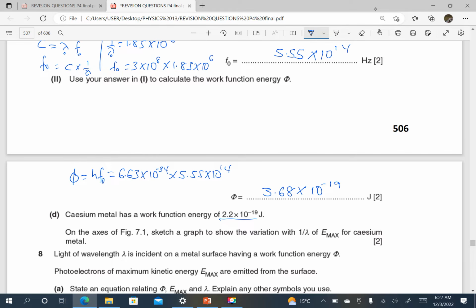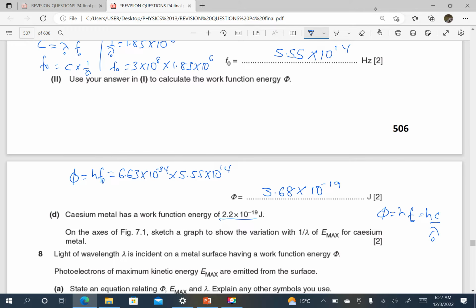On the axis of the figure, sketch a graph to show the variation with 1 over lambda of Emax for cesium metal. So you see that the work function is equal to Hf, which is equal to Hc over lambda naught.